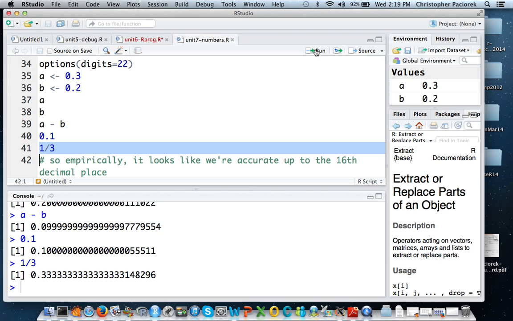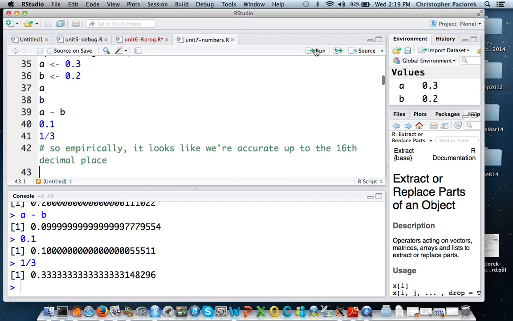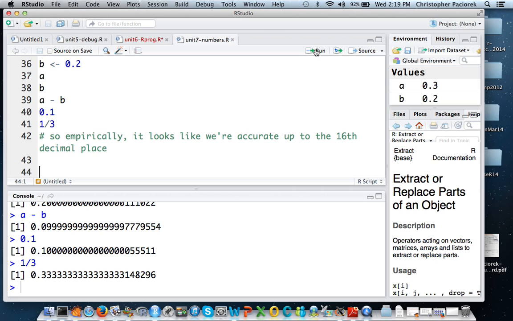Okay, so we've already seen empirically that if we counted off how many numbers we have accuracy up to, we basically have 16 decimal places that are accurate, and then things start to go to hell. Okay. So that's sort of an empirical discovery, but we can actually figure out why that's the case. So let's see.